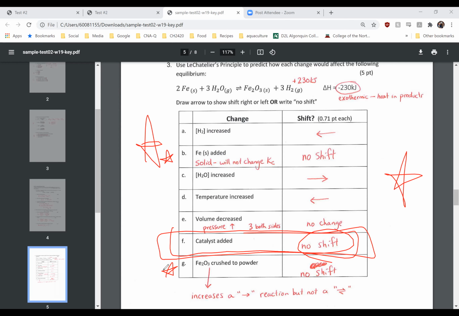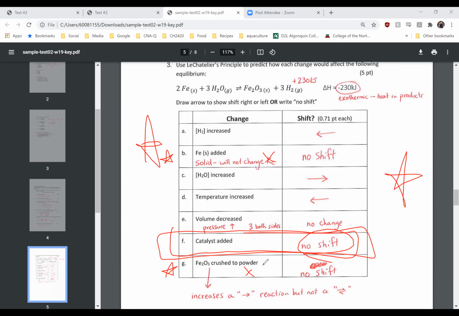Remember, changes in K happen with temperature, concentration, or pressure. So B doesn't change concentration, doesn't change K. F doesn't change concentration. We crush it into a powder. It might make the reaction faster, like a catalyst, but it doesn't mean it will shift K.